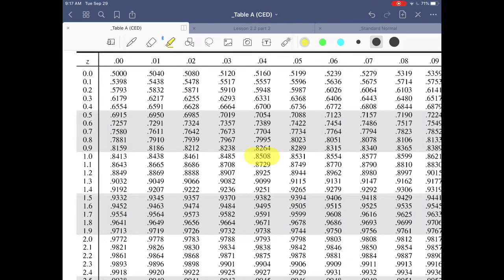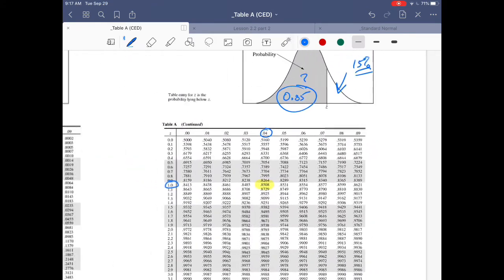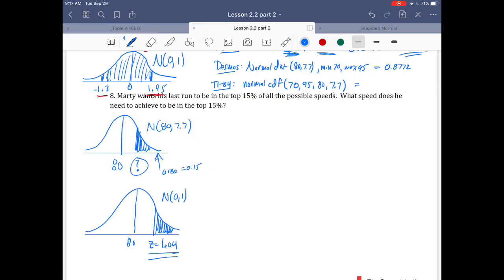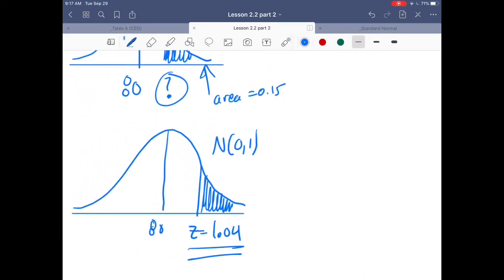That's going to be this number right here, and the z-score there is 1.04. That has the area over here at 0.85, which is why that's 15% to the right. So that's how I got 1.04.